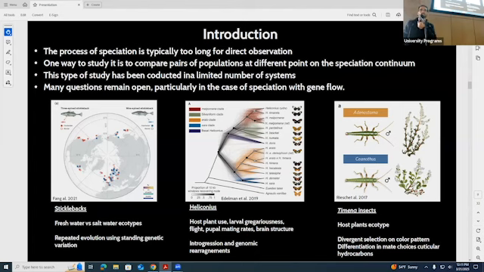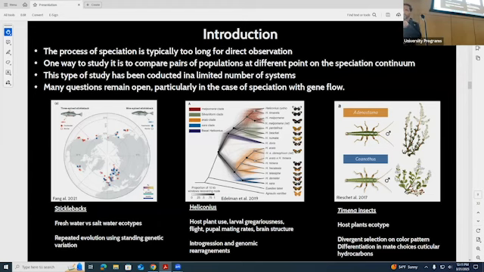So one thing that is kind of tricky about this is that we typically cannot observe the full process of speciation, because it typically takes too many generations for us to observe it directly. So a way to go around this in natural systems is to find pairs of populations located at different levels of divergence, at different levels of reproductive isolation along the speciation continuum.